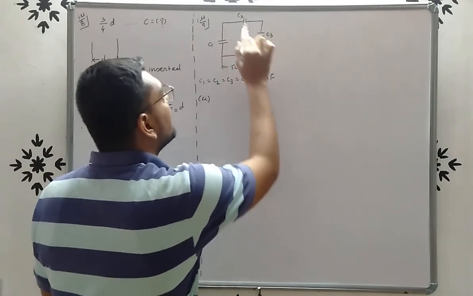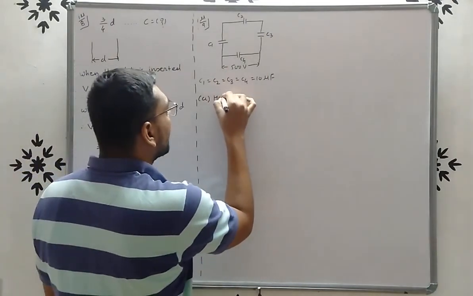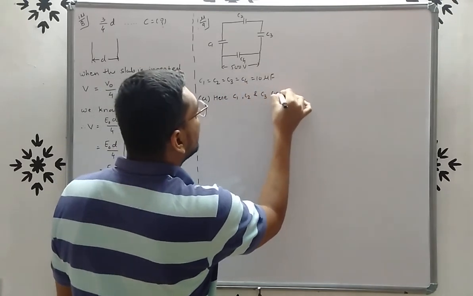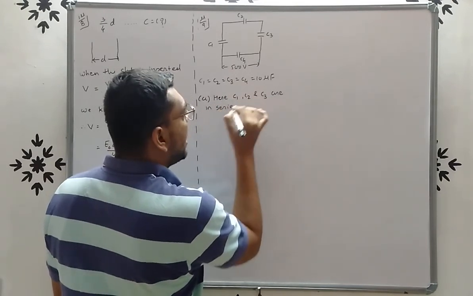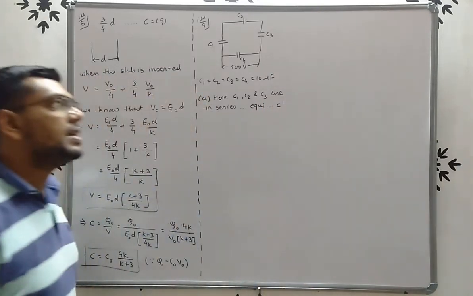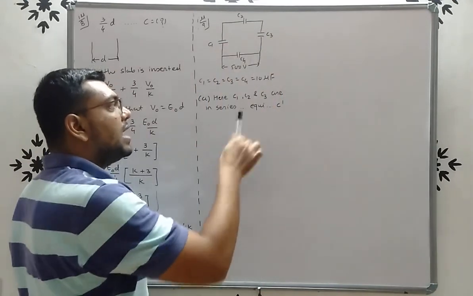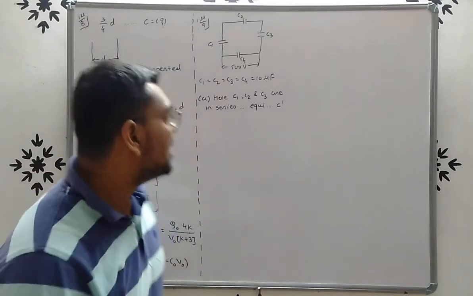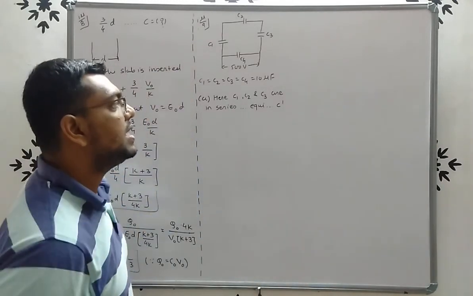So C1, C2 and C3 are in series, and the equivalent capacitance of these capacitors C1, C2 and C3 is C dash.